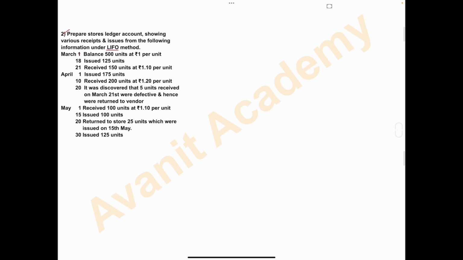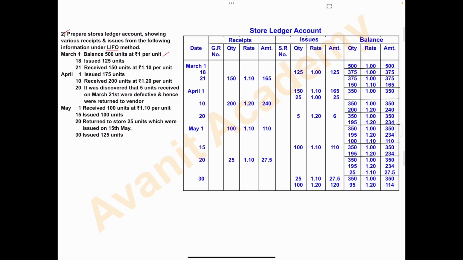March 1st, balance 500 units at rupees 1 per unit. So balance we have to record in balance column. Let's prepare the store ledger account under LIFO method. Store ledger account, date, receipts in the GR number, quantity, rate, amount, issues in that SR number, quantity, rate, amount.